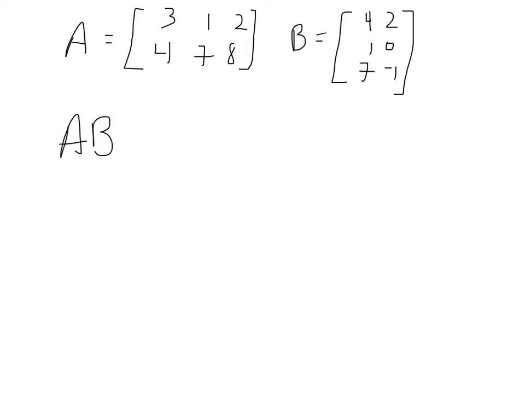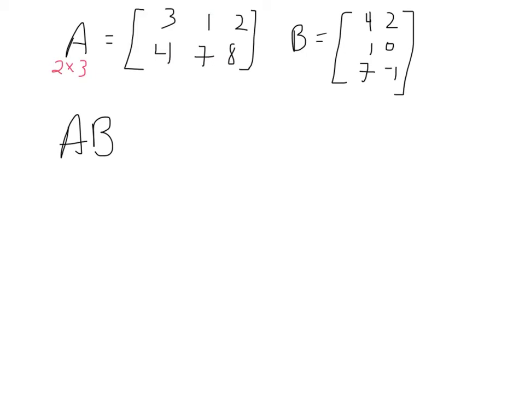And so then you take a look and you say, okay, matrix A has 2 rows and 3 columns. Remember, 2 rows, 3 columns, and that's why it's 2 by 3.